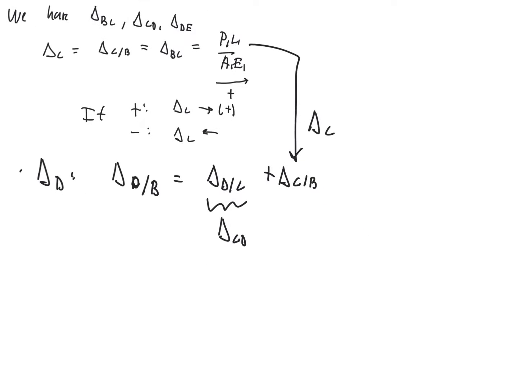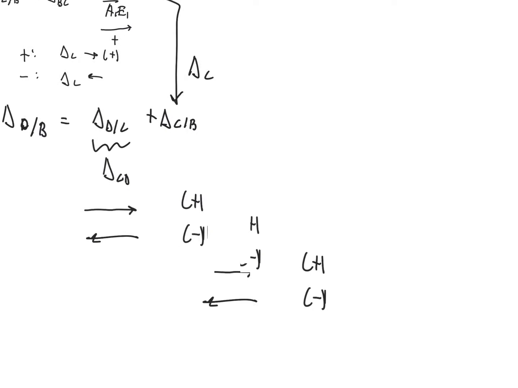So once again, we have to watch the sign because if it's positive, it's going like this. And if it's negative, it's going like this. So as long as we keep track of the relative stretches and their signs, the sign is embedded in the sign of P, pardon me.